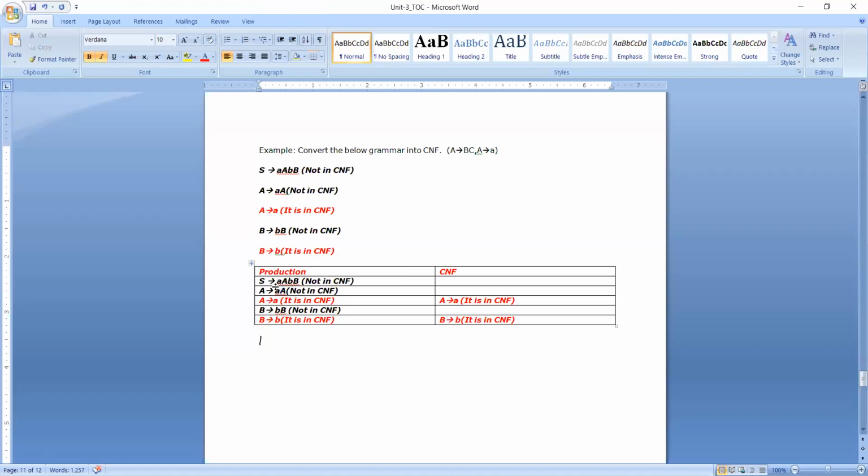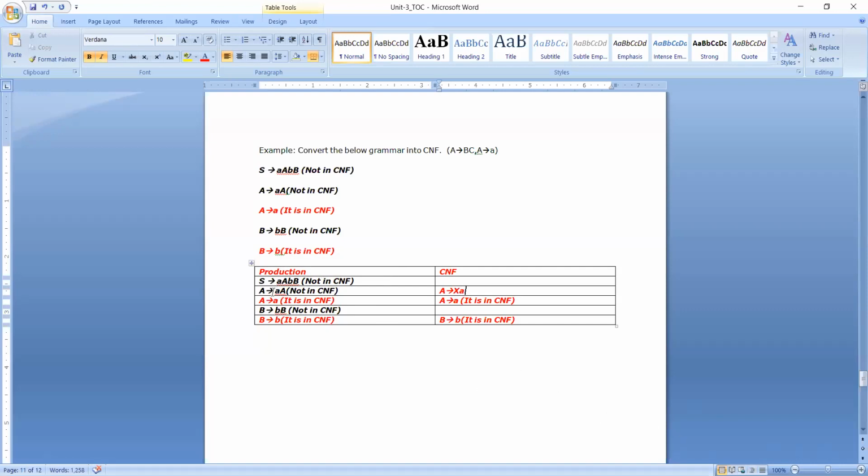Now what we have to do is make use of some mechanism where this terminal can be converted into a variable. So I am going to introduce a new variable called XA. Please observe.